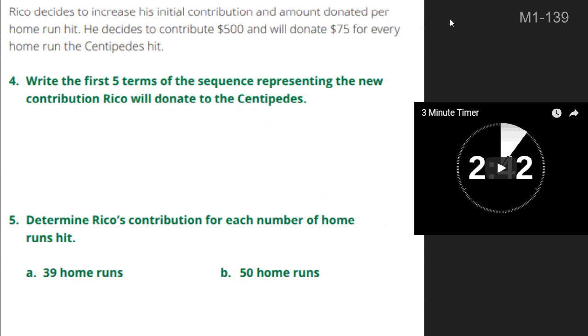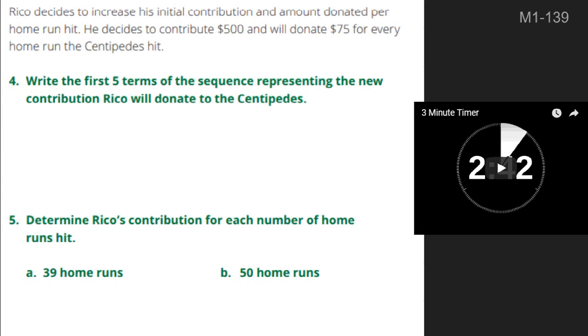So, what you're going to do now that you've had some practice is you're going to write the first 5 terms in a new sequence based on the new information, which says that Rico decides he's going to now start with a contribution of $500 and donate $75 for every home run. So he's going to donate a lot more money.